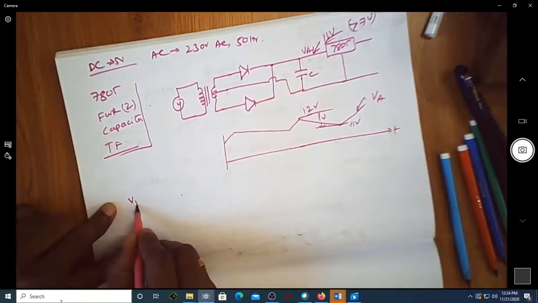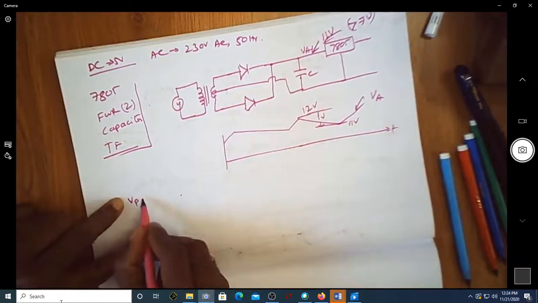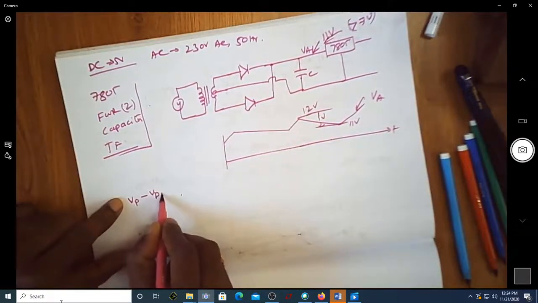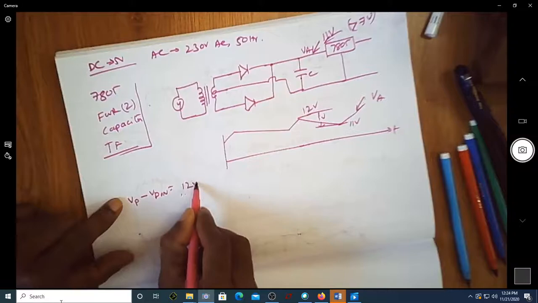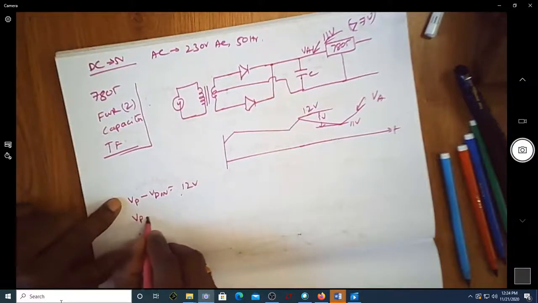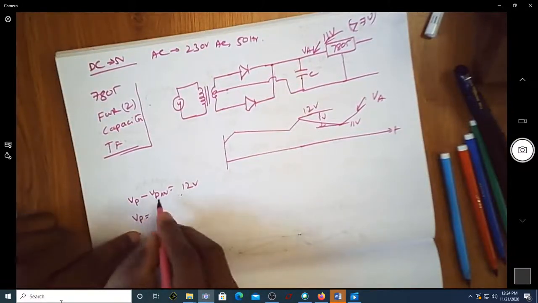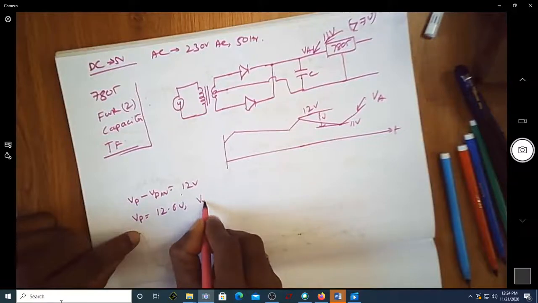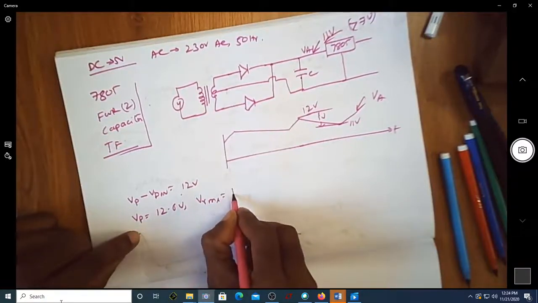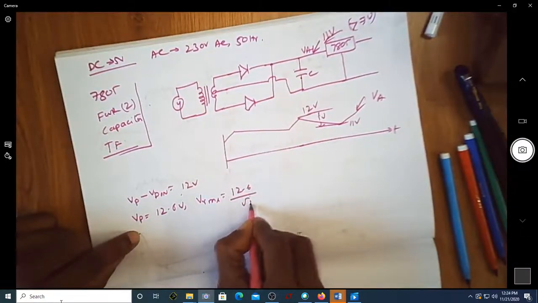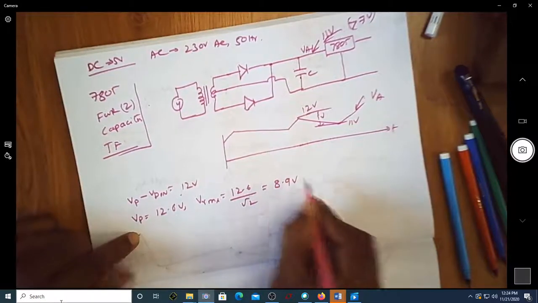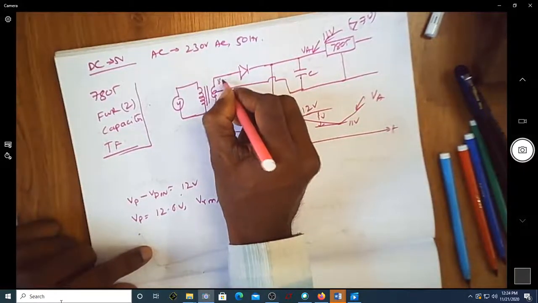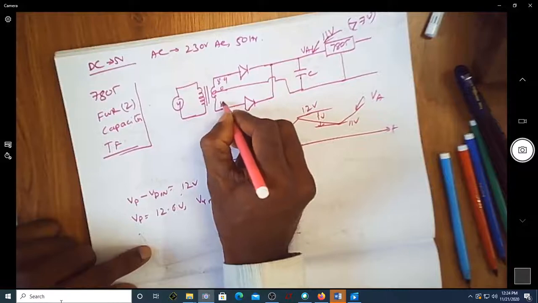So what is this voltage, whatever 12 is nothing but Vp minus Vd on is equal to 12 volt, from which I can get Vp is equal to 12.6 volt. Of course, as in the previous case, the VRMS happens to be 12.6 by root 2, which is 8.9 volt.